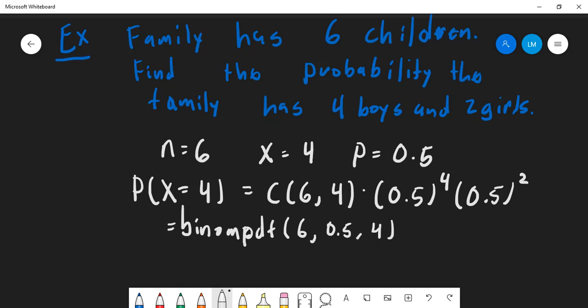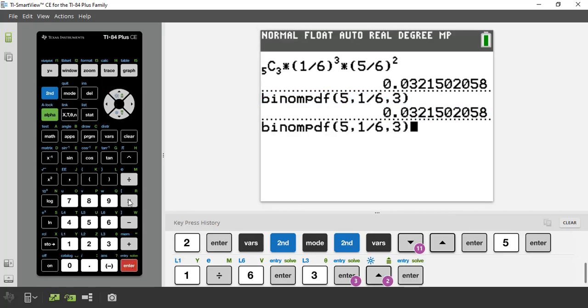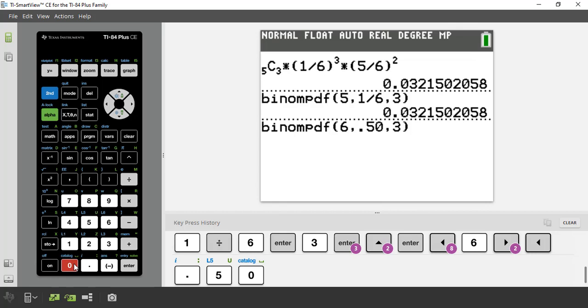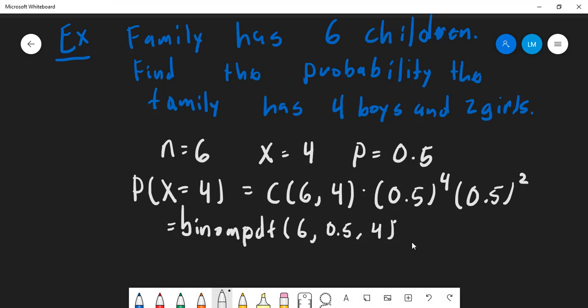So if we do that in the calculator, the family has 6 children, and the probability that a child is born a boy is 1/2. And they're going to have 4 children that are boys. Okay, so we find out that that's going to be 0.2344.